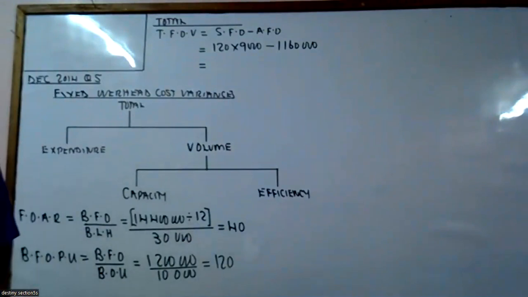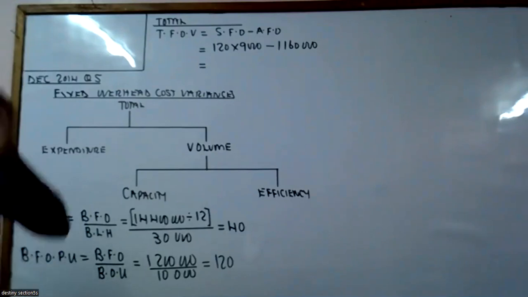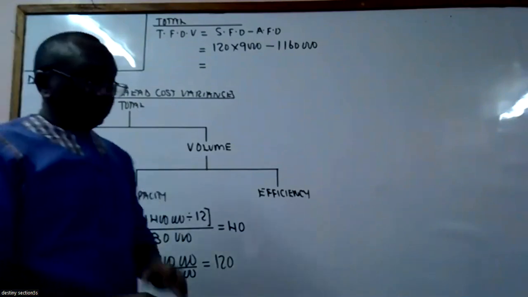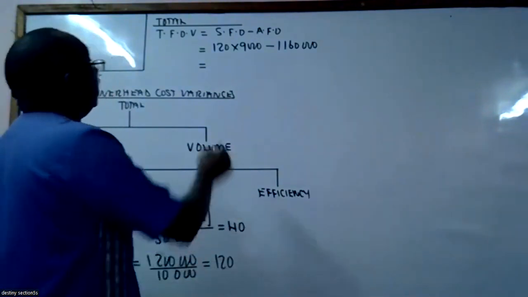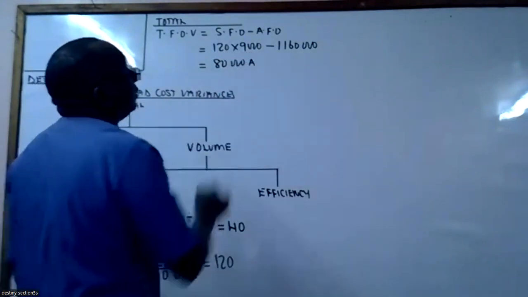So when you compute, tell me how much that turns out to be. $80,000 advance. Good.